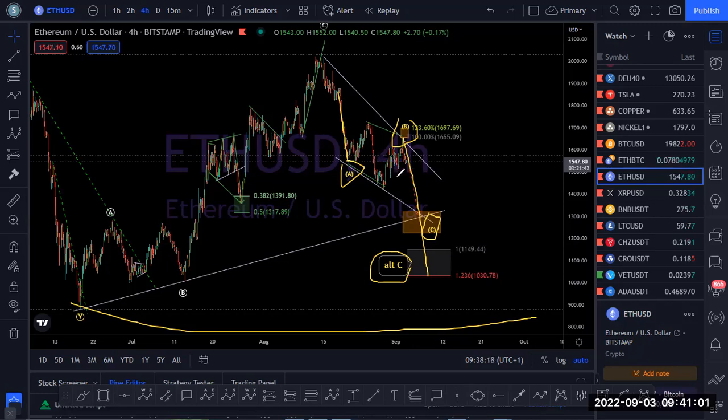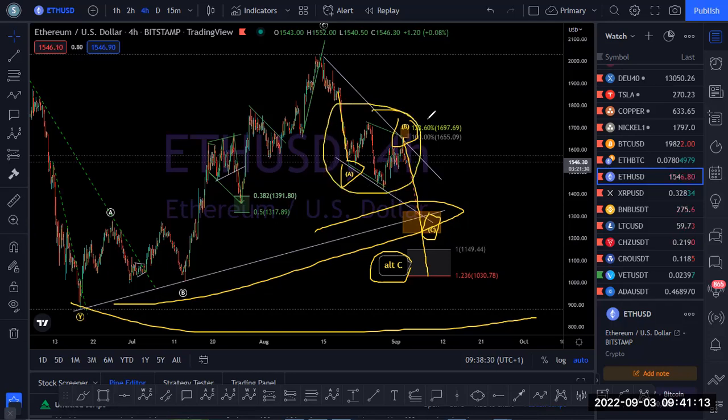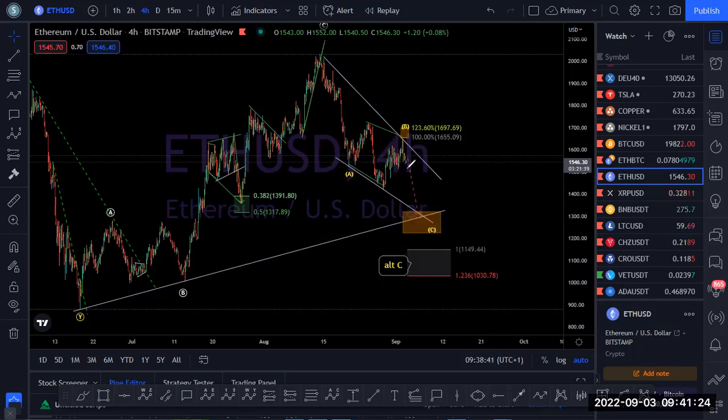Last week, I said we can go to this very channel, this very line, and reverse. But because of the pattern I just discovered this morning, the possibility of going lower to 1,000 is here. So now what will you be looking at?